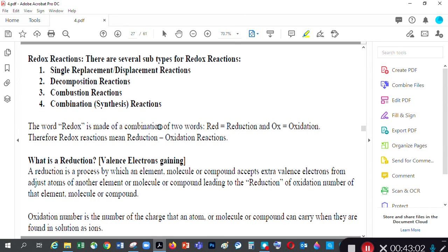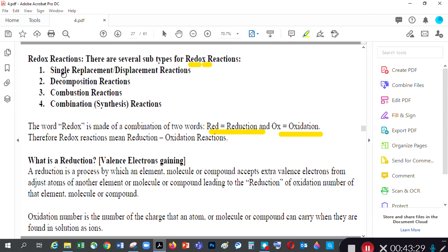Now we'll get into a new type of reaction. We covered the acid-base reaction. Let's go and cover the redox reaction. We said redox is coming from red and ox. So we have two words: red, reduction, and ox, oxidation. We'll mention the meaning of both.